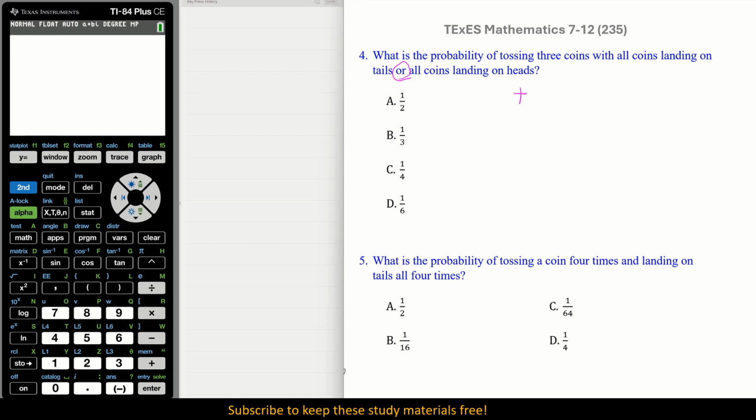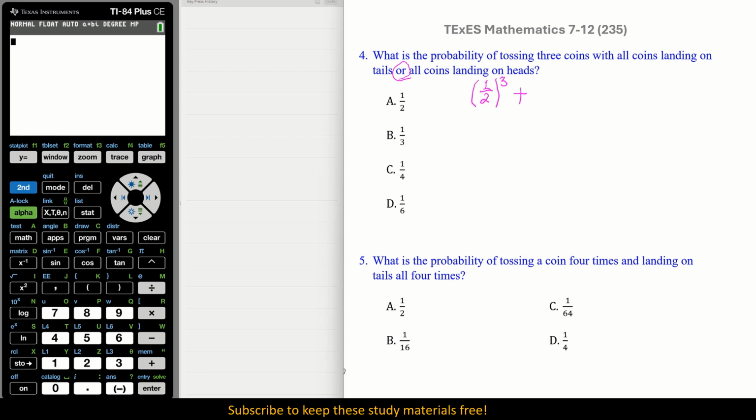The probability of any coin is always going to be 1 out of 2, and then we have 3 of those coins landing. Regardless, we just need the probability of them landing. It's either going to be heads or tails, so that'll be the probability for one option.